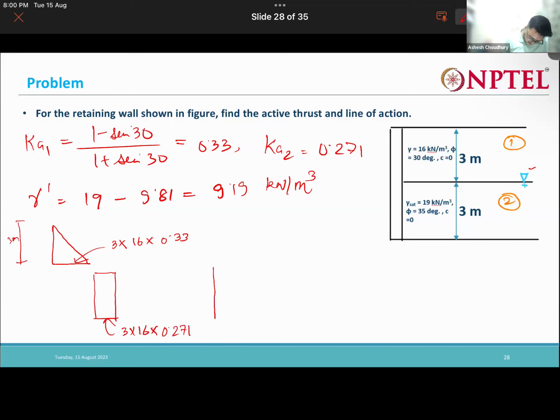Then again we will have a triangular force here: 3 into 9.19 into 0.271. And last we have the water pressure, which is 3 into 9.81.